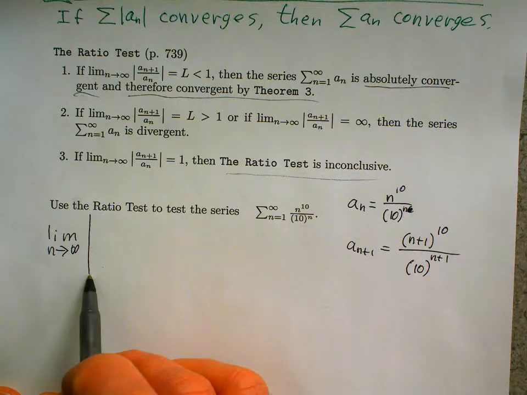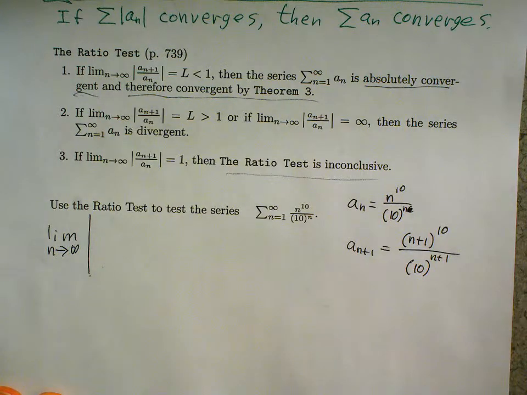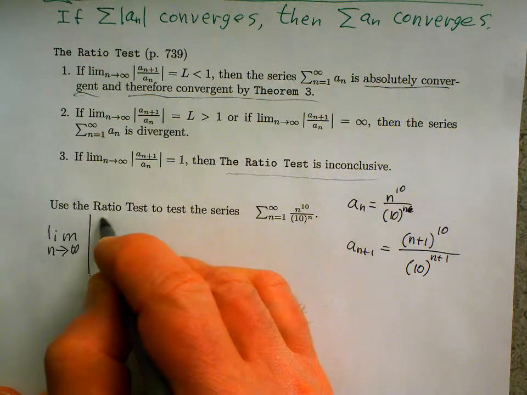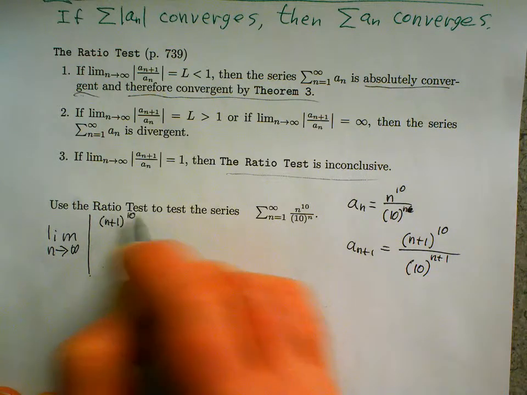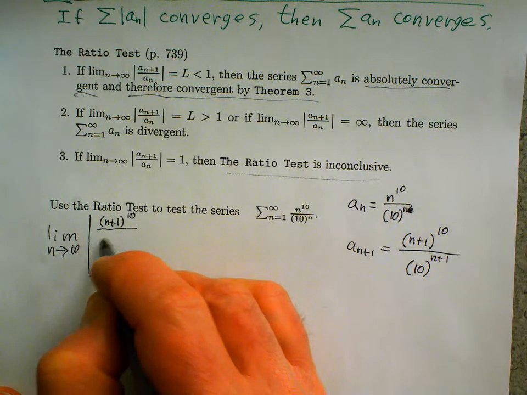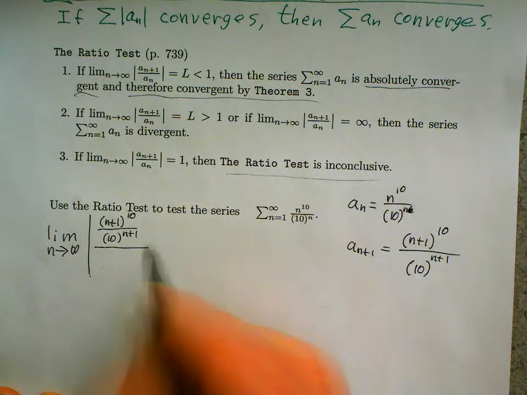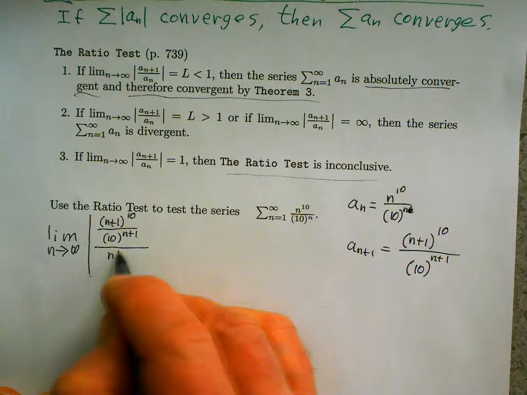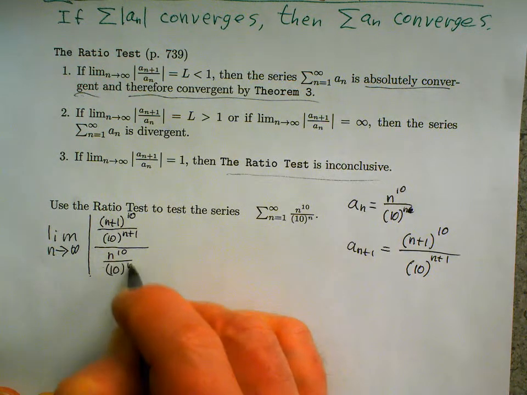But we'll use the absolute values just to be in the right form. So in the numerator, we have n plus 1 to the 10th over 10 to the n plus 1, and then we divide by n to the 10th over 10 to the n.